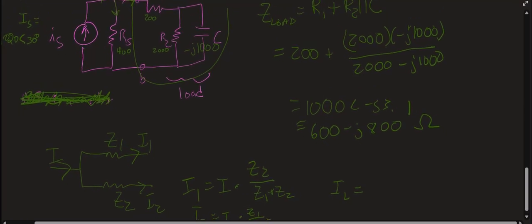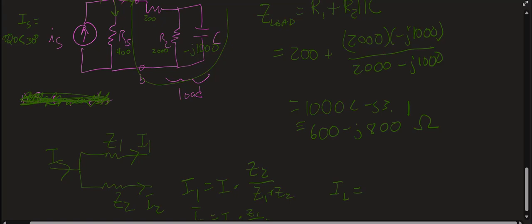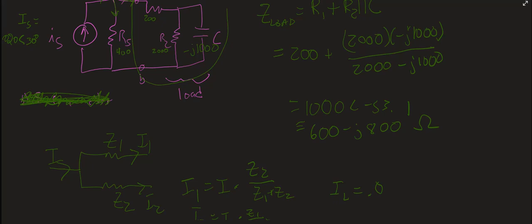It doesn't matter yet. It will matter when I go to do the power. So this will be 0.02 times 400 over 400 plus 600 minus J 800.